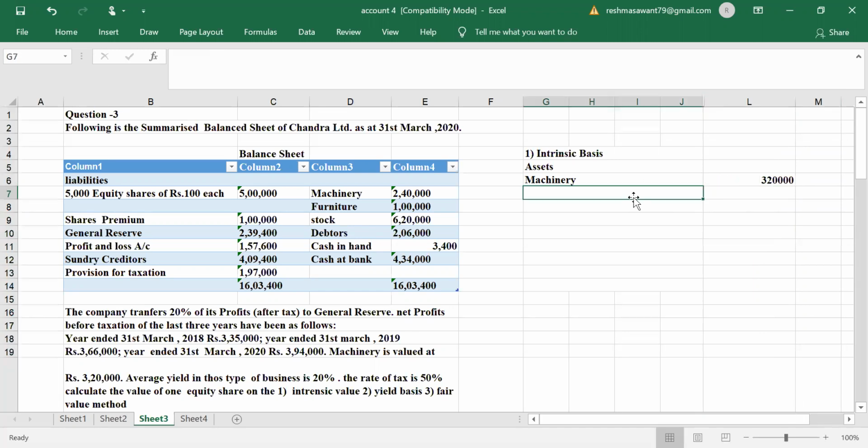What is the next asset? Furniture. There is no specification given for adjustment, so it is recorded as rupees 1 lakh. Next, stock, rupees 6,40,000. Sorry, 6,20,000.